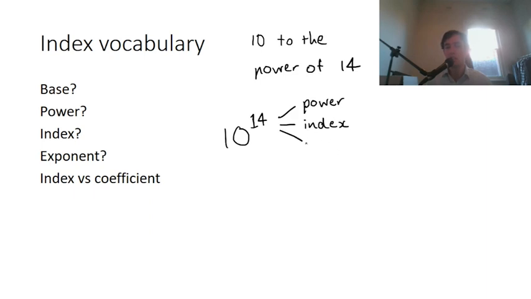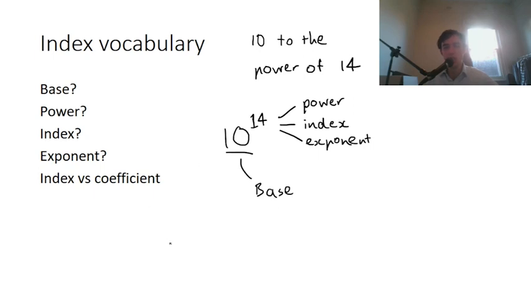And it's also called the exponent. So 3 words for the same thing, quite annoying, but you do need to know what they all mean, just in case you see one of these used somewhere. And finally, this is the base. The number that is being multiplied is the base.